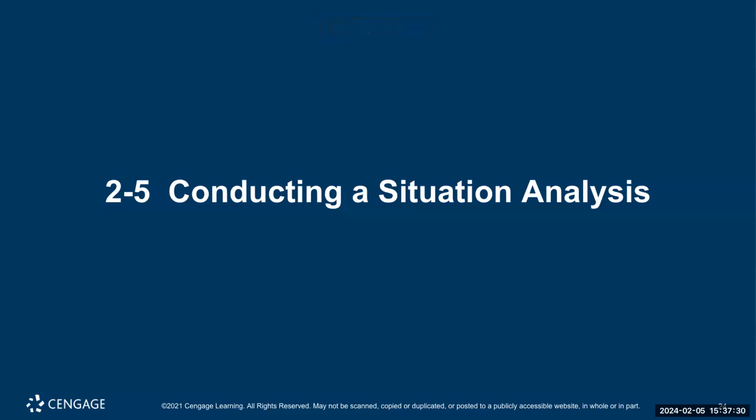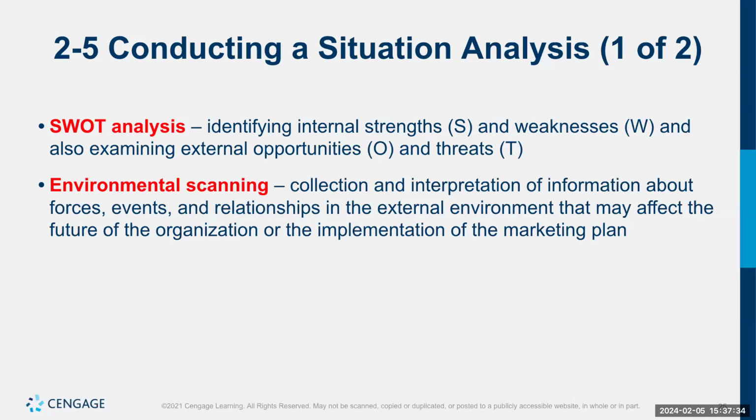Next up, we have conducting a situation analysis. And this would be the SWOT analysis, which is the strengths, the weaknesses, the opportunities, and the threats. That's what we're looking for. Strengths are the internal attributes and resources that give the organization an advantage over others.